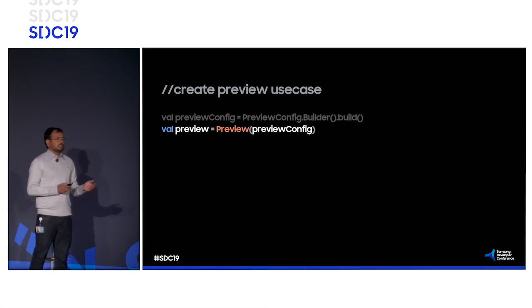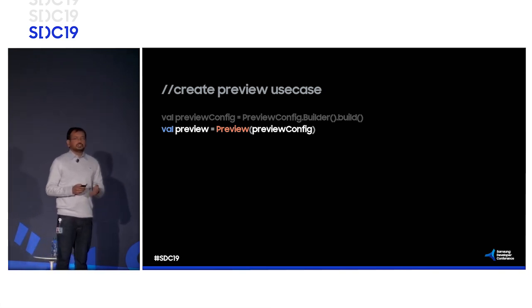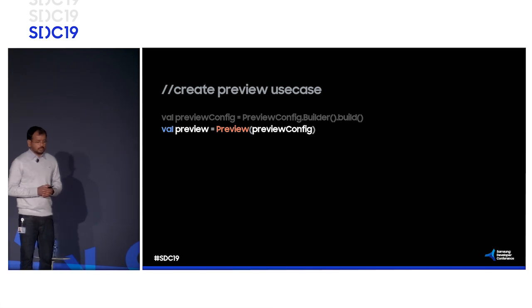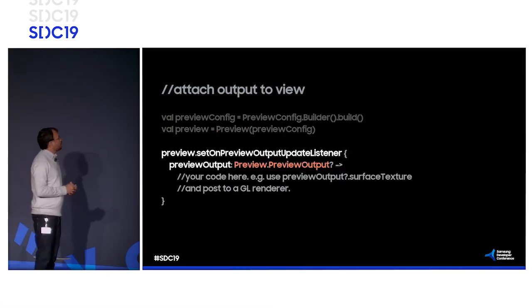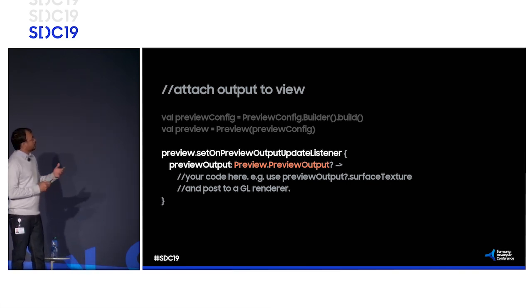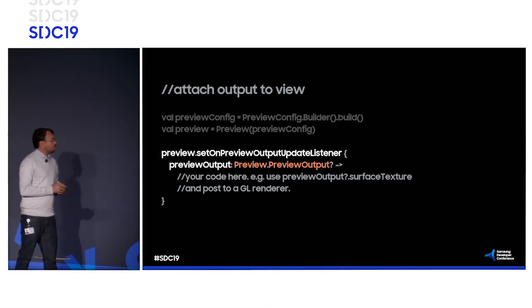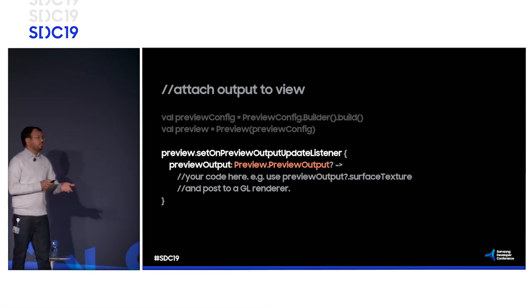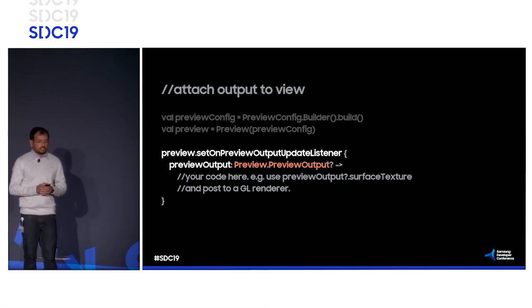You can see here that the APIs are very simple and based on use case. You're doing a preview, so you just create the preview use case by passing the preview config. When active, the preview gives out the preview output, and you need to handle that. Currently, you can attach the preview output to the texture view. In future, you can do it to the GL renderer, but currently, you can attach it to the texture view.